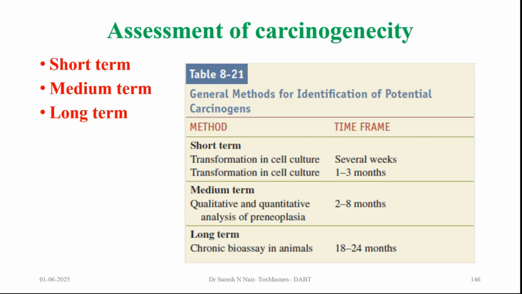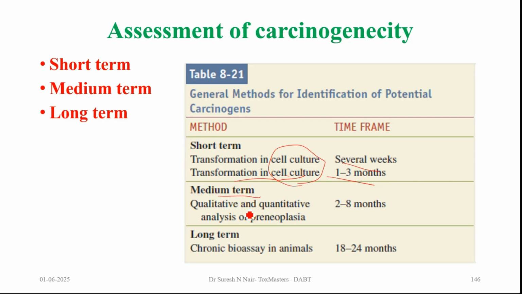Now, there are three tests. One is the short-term test, and medium-term test, and the long-term test. Short-term test actually is done in case of the cell lines, usually done in the cell cultures. It can be up to several weeks to months.